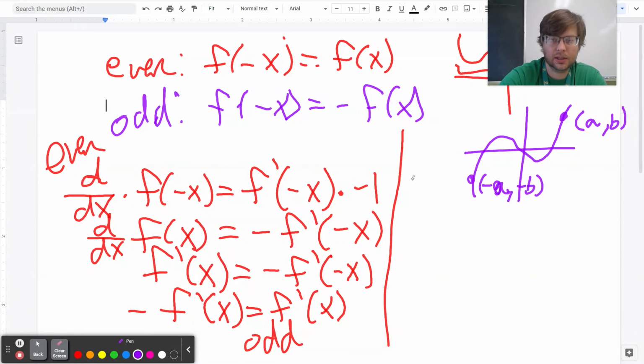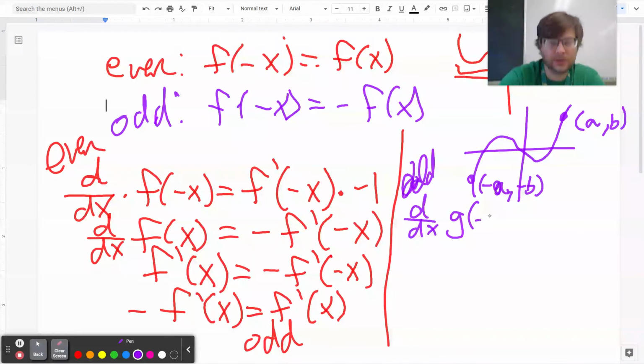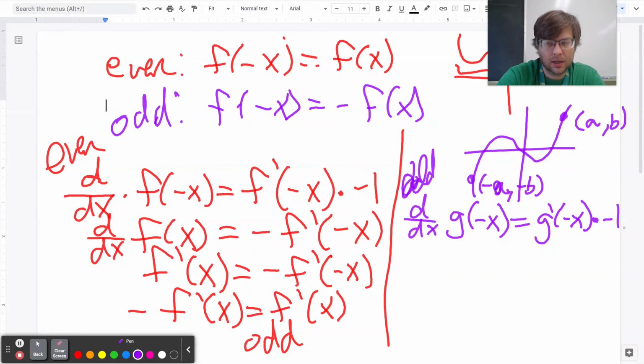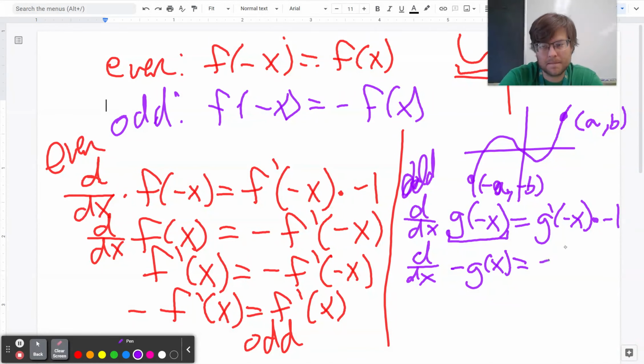Very similarly, let me start with an odd function over here. So I'm going to take the derivative of an odd function. I'll just use the letter g here. That's going to equal g prime of negative x times negative 1. But I know that an odd function is equal to negative 1 times its original input.